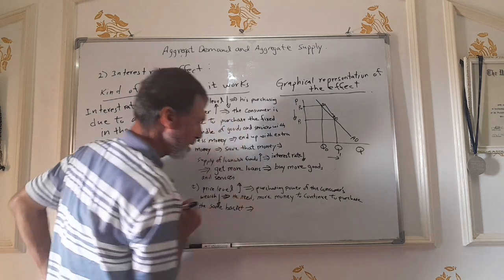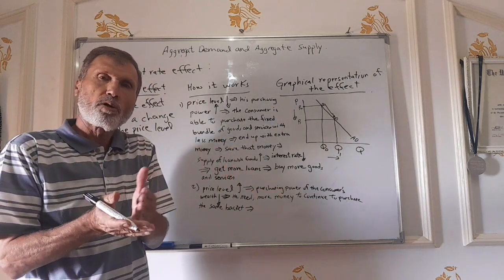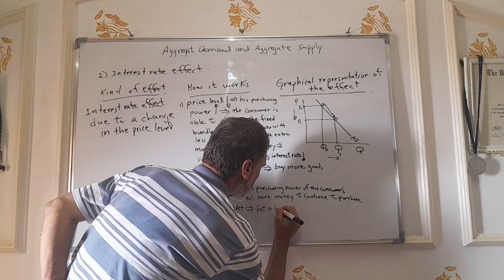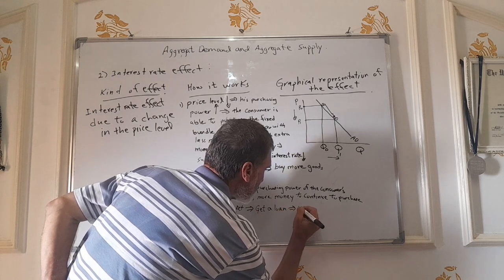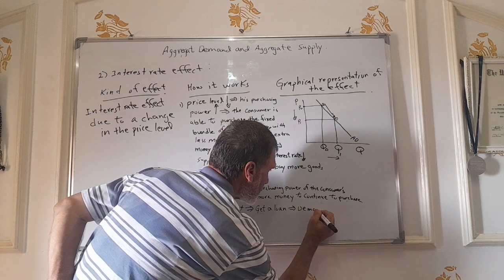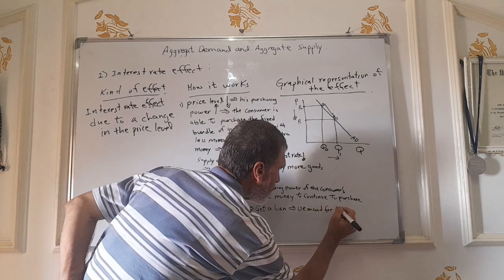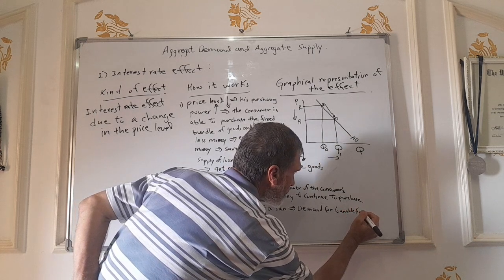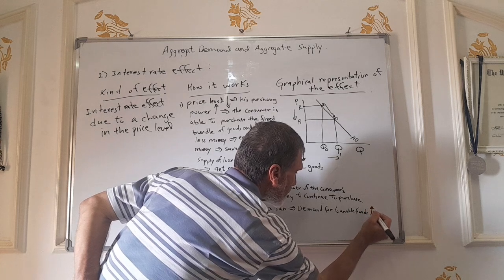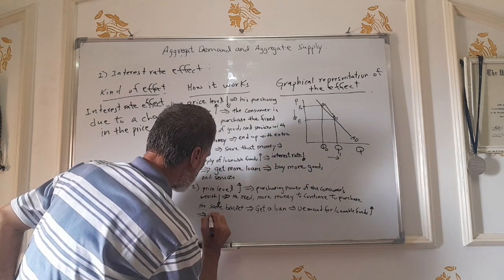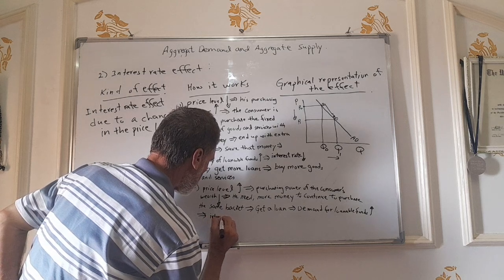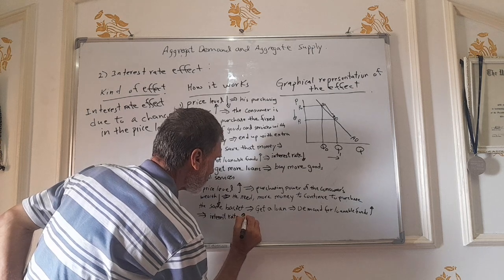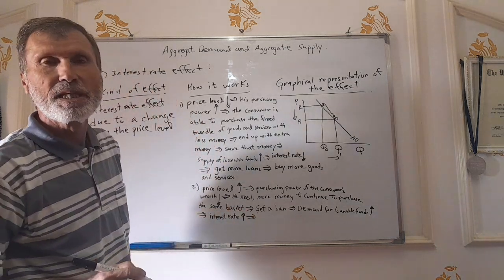So what implies here? That implies he has to go to a bank in order to get a loan. That implies demand for loanable funds increases, which implies the interest rate increases, which implies fewer loans he can get.